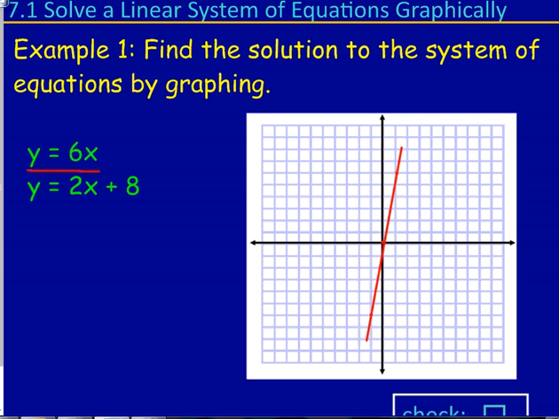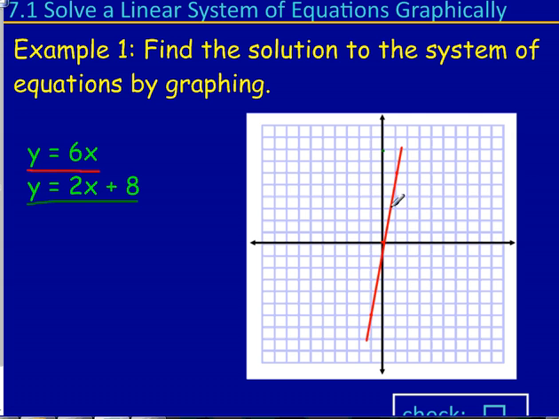Okay. So now I'm going to graph my next one. I have y equals 2x plus 8. In this case, we have a y-intercept, so I'm going to go up to 8, 1, 2, 3, 4, 5, 6, 8.